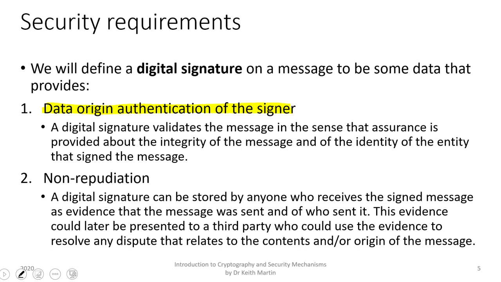On the other hand, once I place a digital signature on a message and I send it to you, later on it should not be possible for me to claim that I did not send the message.